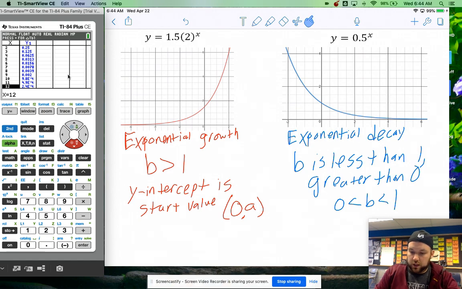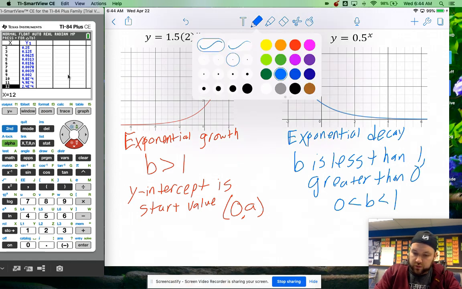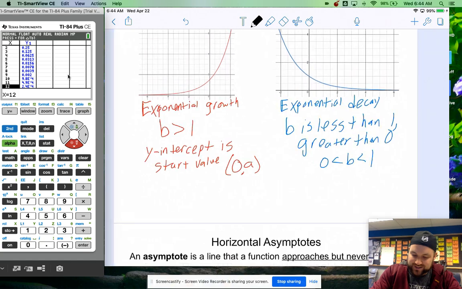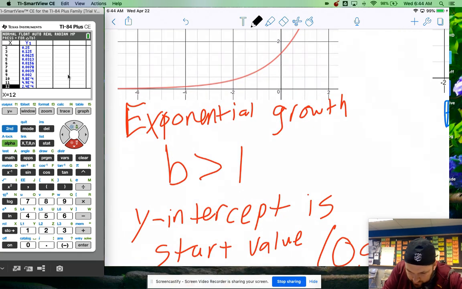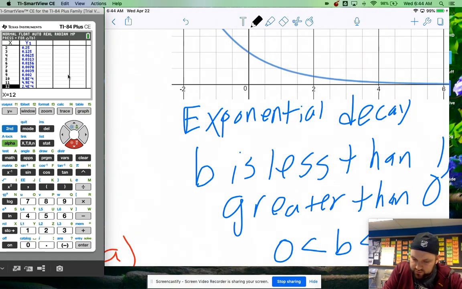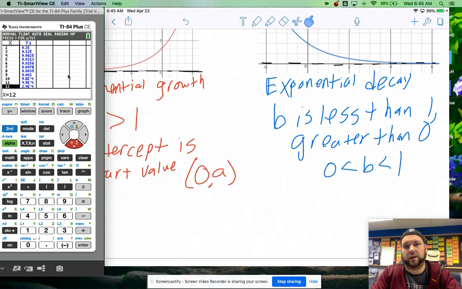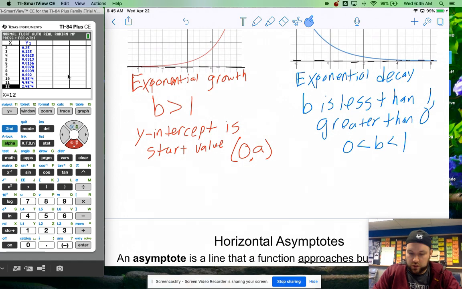All right. Now, the other thing that we do have to talk about is this idea of this line that the graph gets really, really close to, but never quite touches. Both of these are getting extremely close to that line, getting really close to 0, but never quite touching 0.